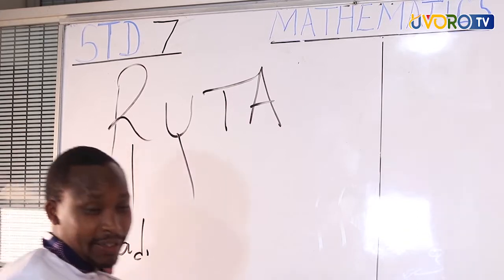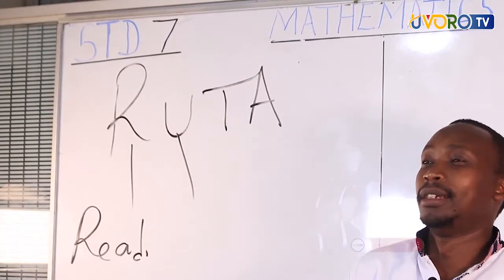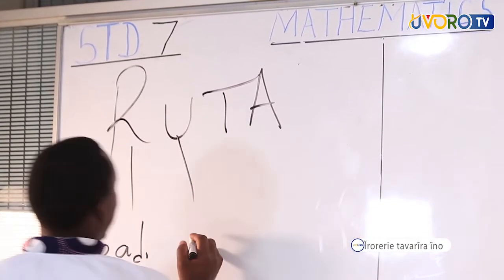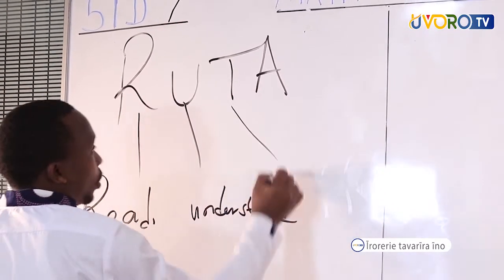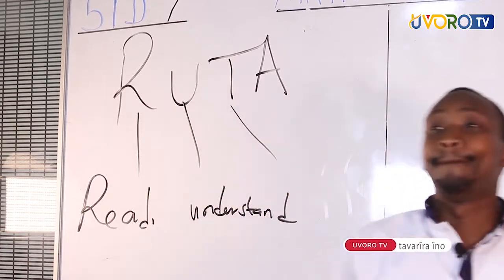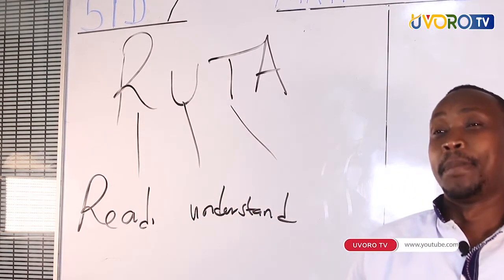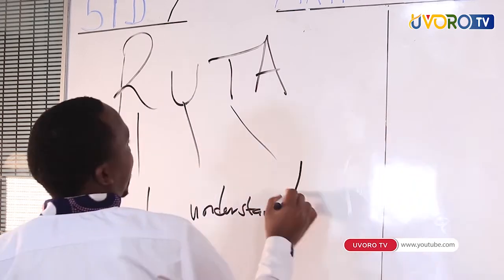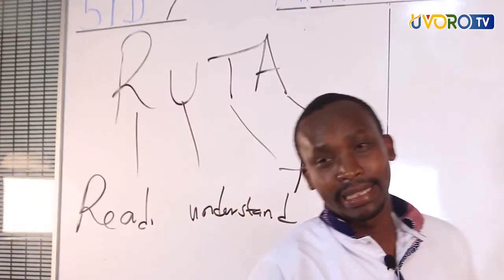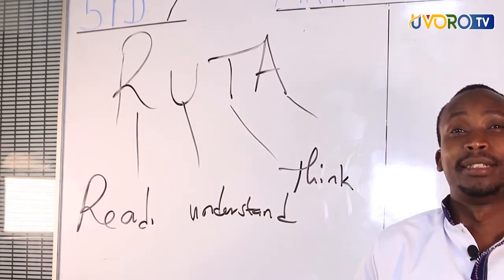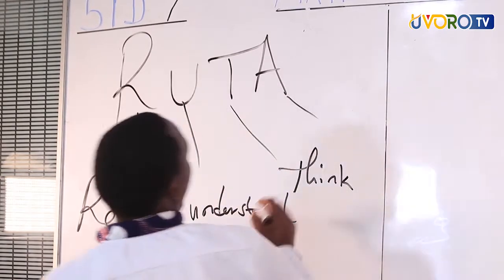What was U standing for? Yes, very good. That is understanding, to understand. What was T standing for? Yes, very good. That was thinking, to think. And what was A finally standing for? Yeah, that one was for answering.